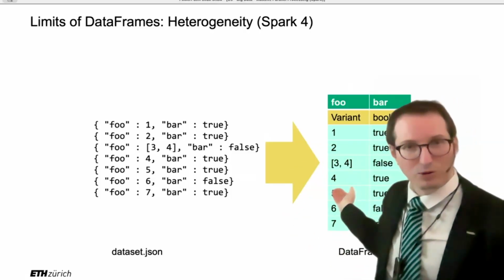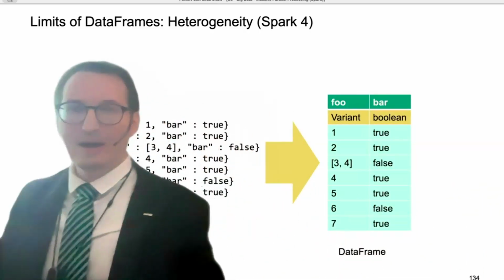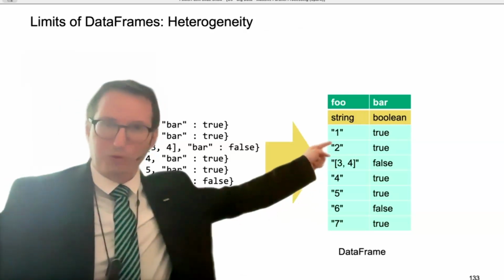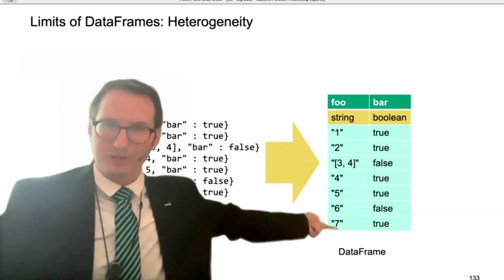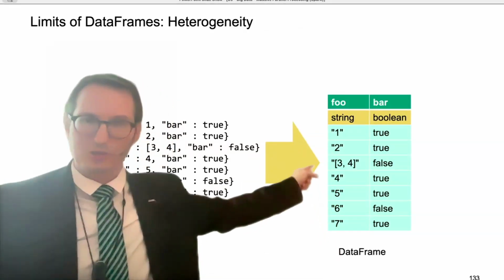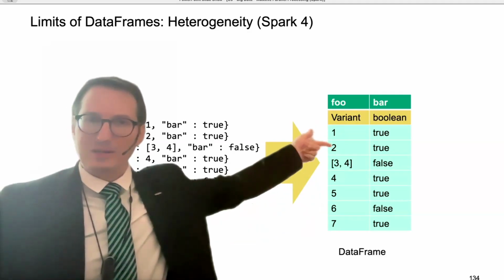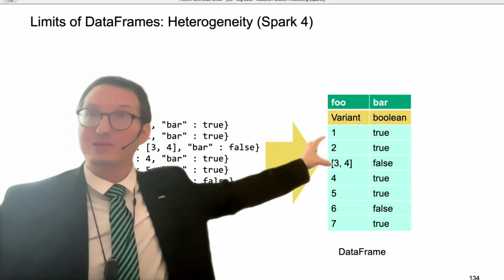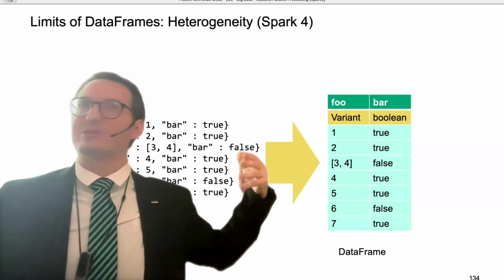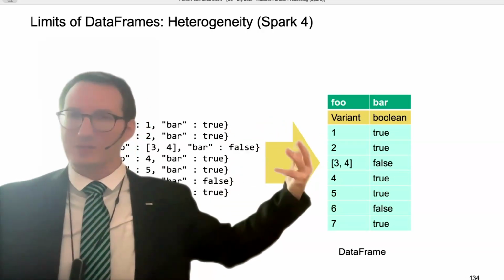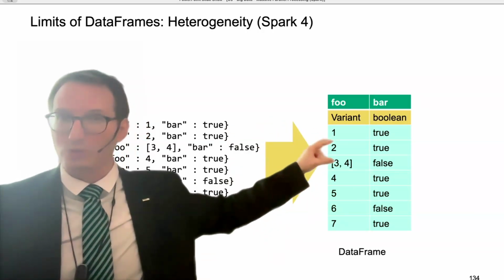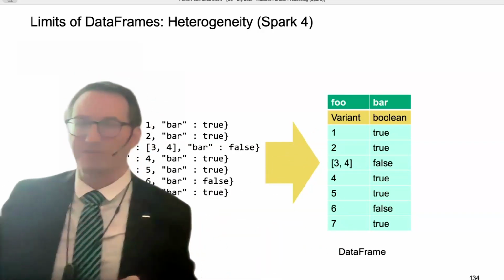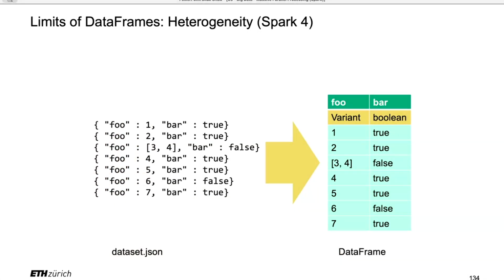So you could have an array, you could have an integer, and so on. So it's an improvement, in the sense that now the user no longer needs to parse the string, but the user will still need to write code, in that case with SQL, that should handle these things. Normally, when you write SQL, you assume that a column has a specific type, but here you can't. So you will have to write some specific code that acts on that. Okay, who is with me on the variant?